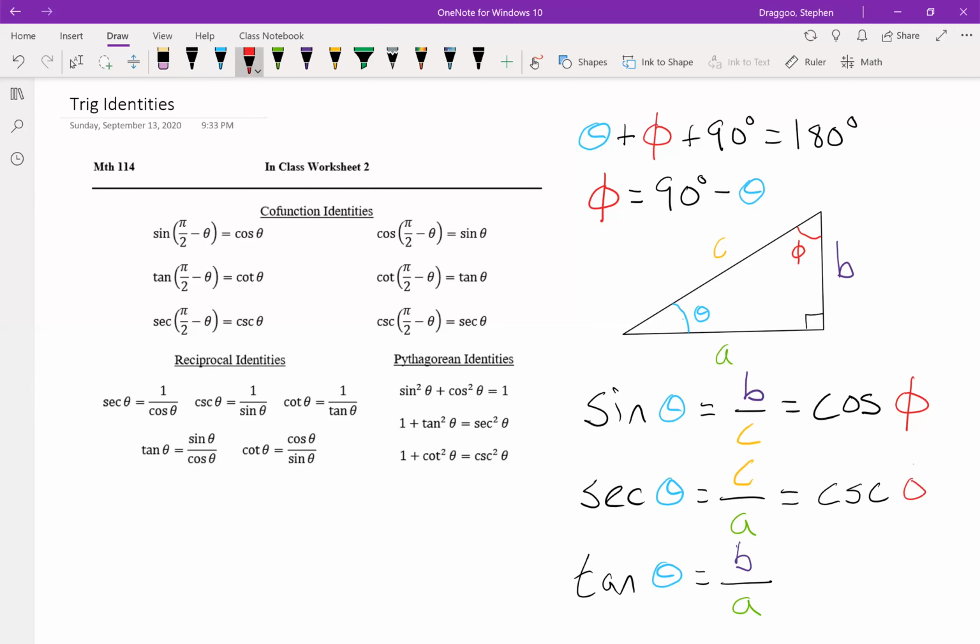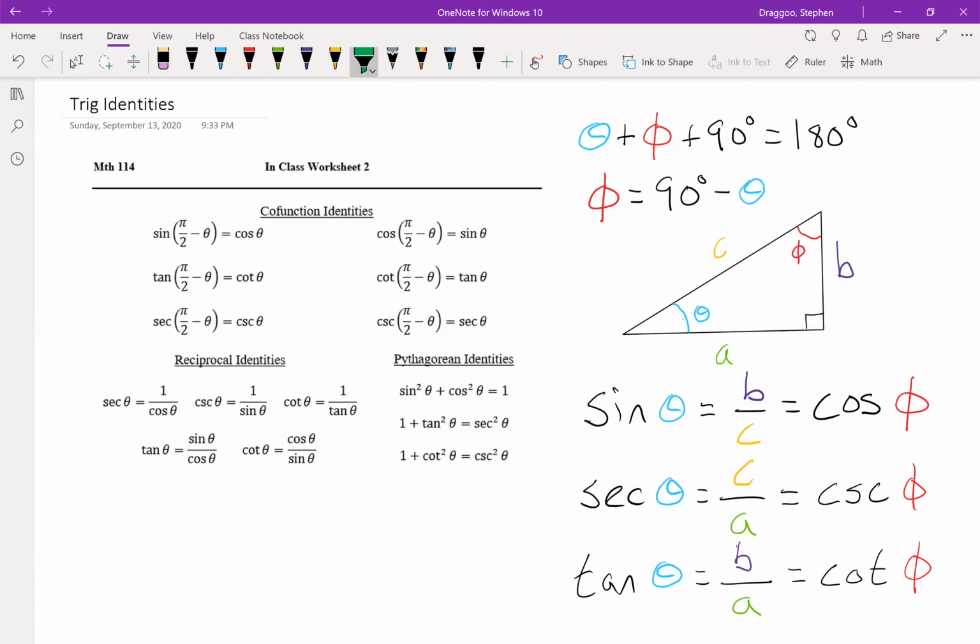And b over a would instead be adjacent over opposite if I look at the red angle. Adjacent over opposite is cotangent. So again, these cofunction identities are just looking at the same 6 basic trig functions, but from the perspective of the other angle that's inside of that triangle.